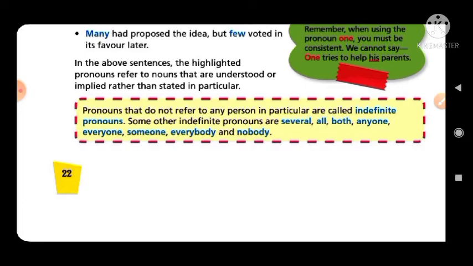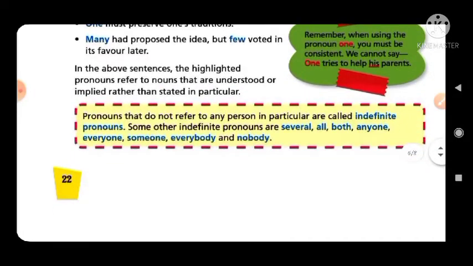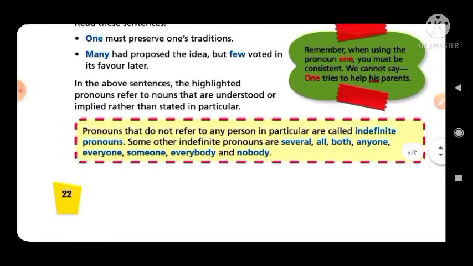Some other indefinite pronouns are several, all, both, anyone, everyone, someone, everybody, and nobody. So these types of words are indefinite pronouns. And remember, when using the pronoun one, you must be consistent. We cannot say, one tries to help his parents.